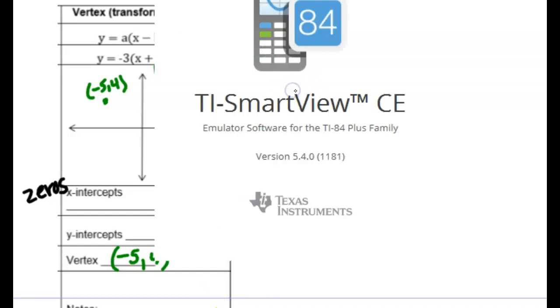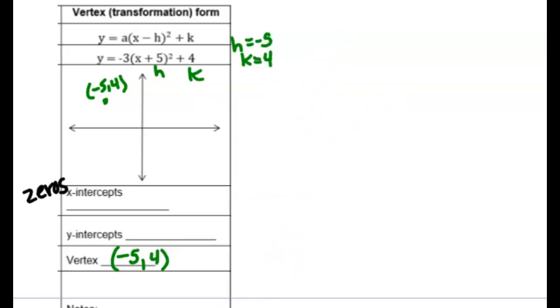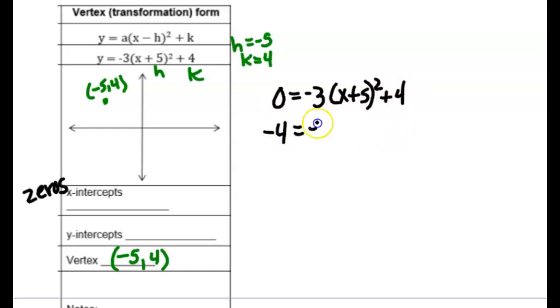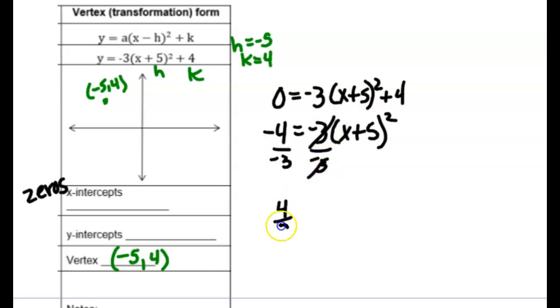I can also show you real quick. We learned it this way last week. If we wanted them exact, we would subtract the 4 over here. You don't have to write this down, I know there's not much room. Then you would divide both sides by -3. Anybody know what we'd do next?